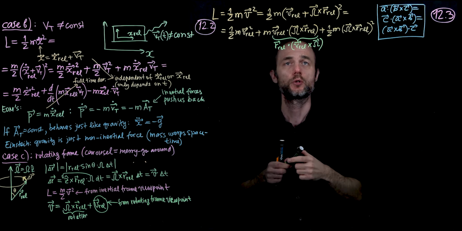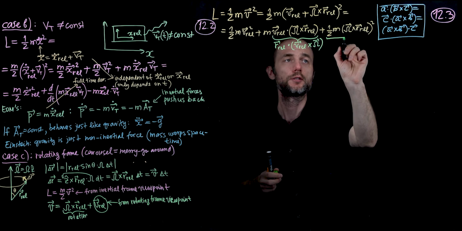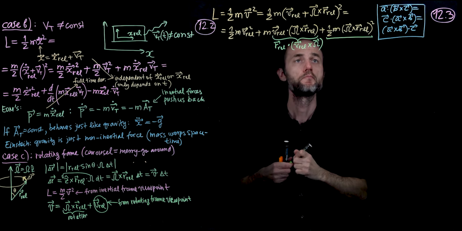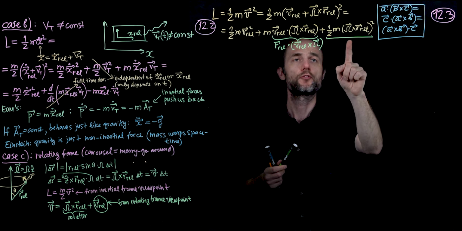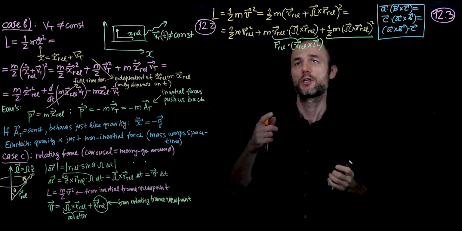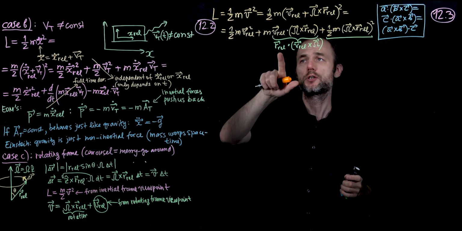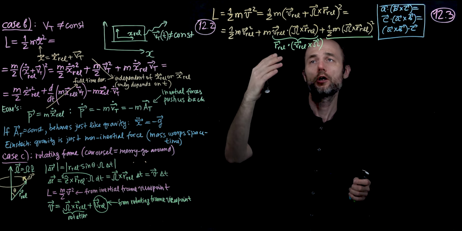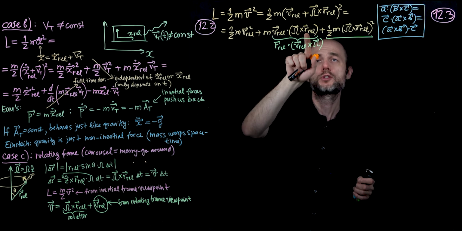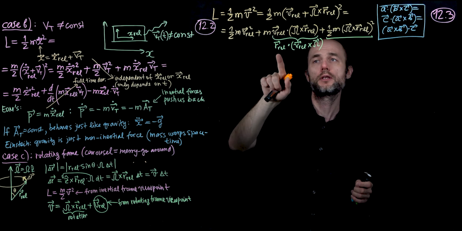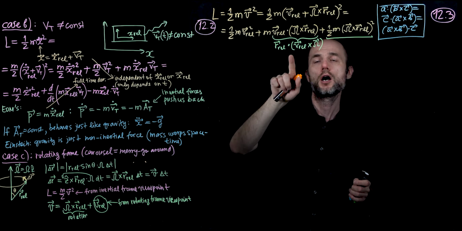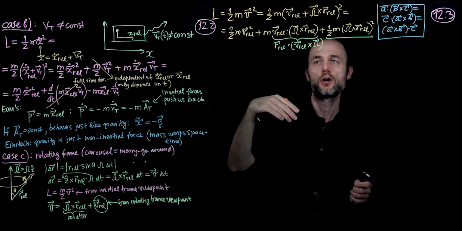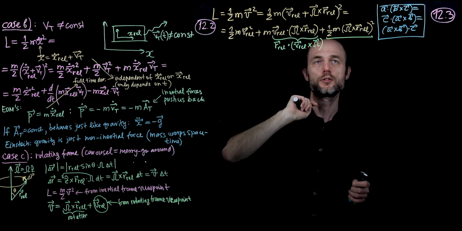There is another term that we need to work on, and it is this one. The reason why we did the previous step is because when we take dL/dr_rel, r_rel was hiding in the cross product. Now we have freed it up, so when we do dL/dr_rel, we can easily take the derivative.